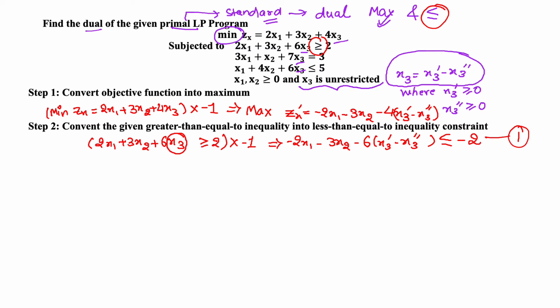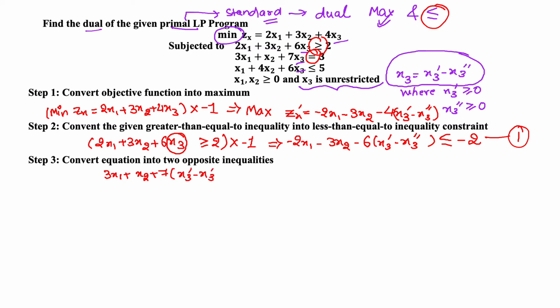The second constraint equation has an equals to sign. For that we have to convert it into two inequalities. That is 3x1 plus x2 plus 7 times x3 dash minus x3 double dash less than or equals to 3. That's the first inequality, so that's my second constraint equation because it's in standard form, less than or equals to.